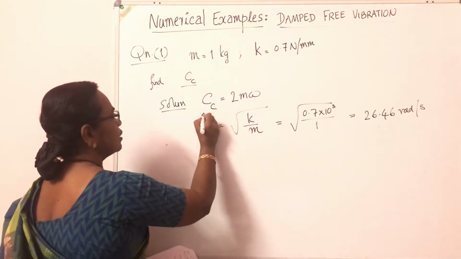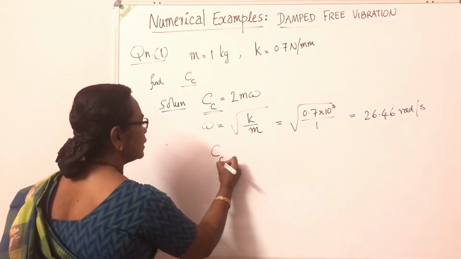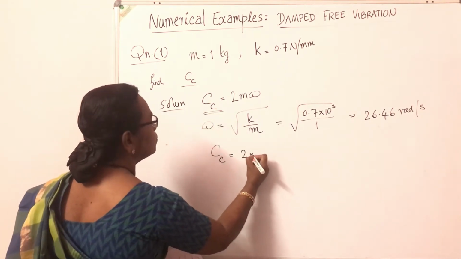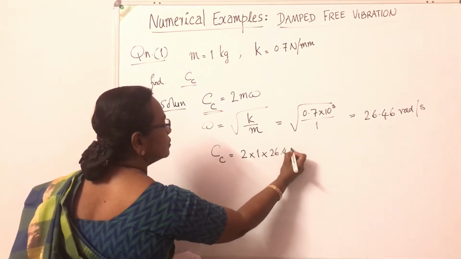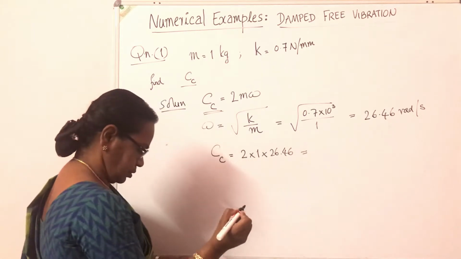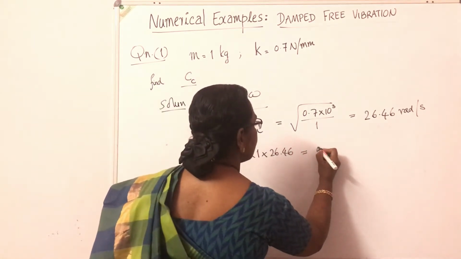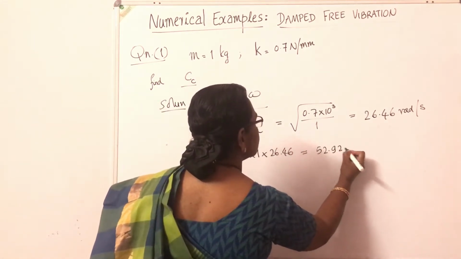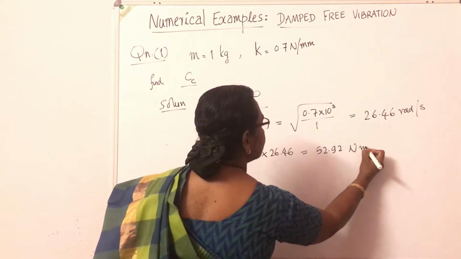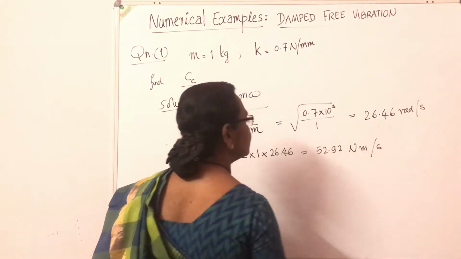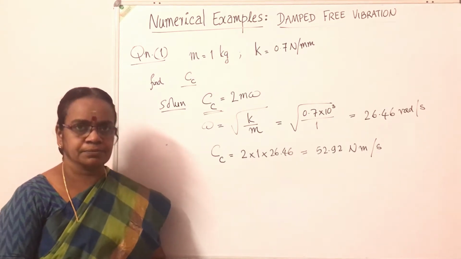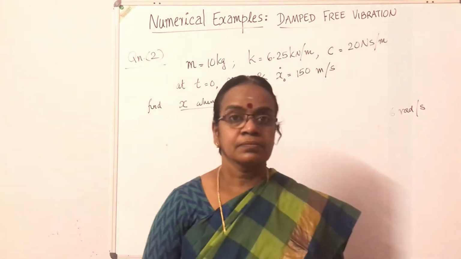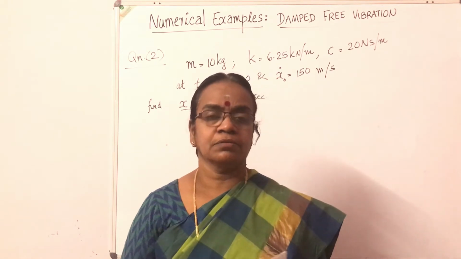Therefore, substituting in this expression, critical damping coefficient is 2m omega. It will work out to 52.92. The unit is Newton second per meter. It's a very simple example. Okay, we'll pass on to the second question.